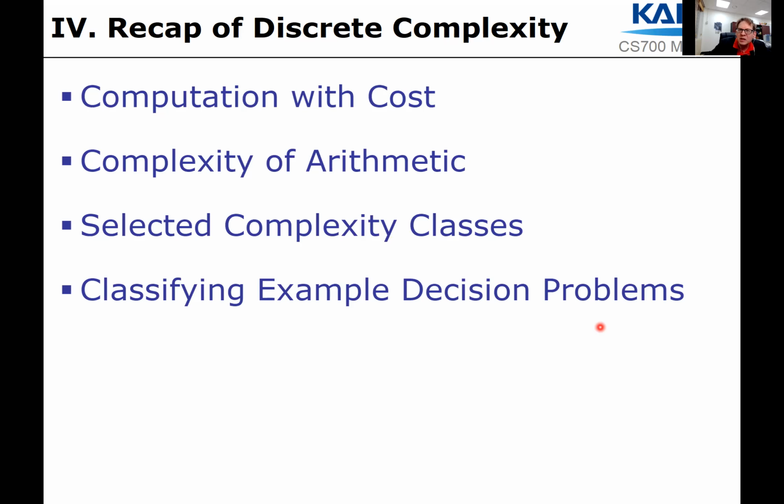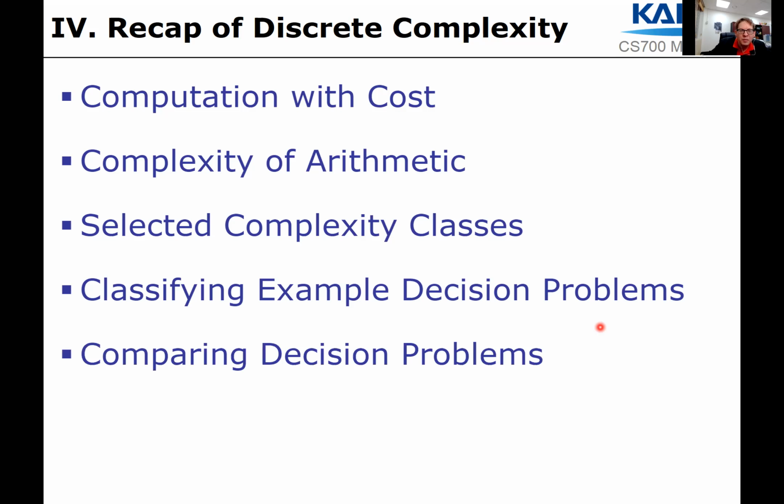We would discuss several example decision problems, most of them about graphs, and would classify them in these classes, such as, for example, the Hamilton cycle problem, the Eulerian cycle problem, the clique problem, the independent set problem, the vertex cover problem, and the edge cover problem.